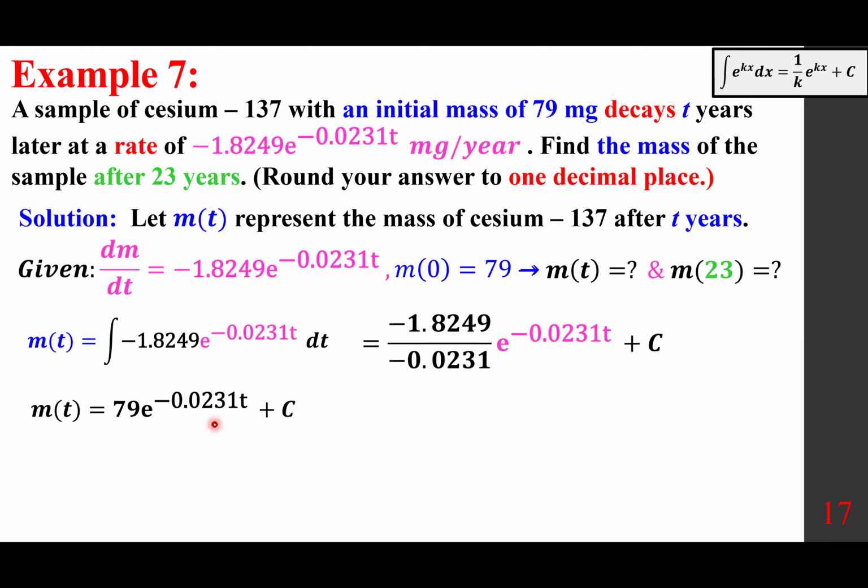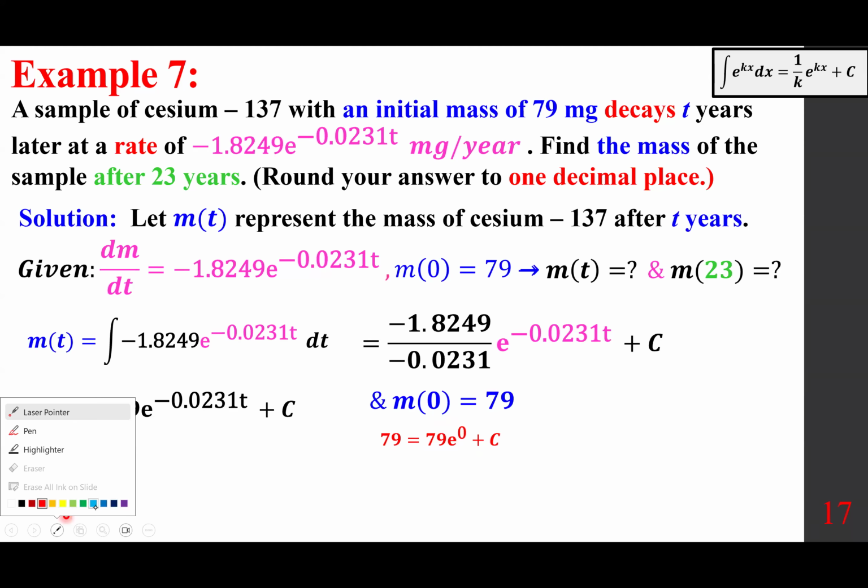However, just like the initial value problem, as it indicates here, an initial mass, you use m of 0 equals 79 to find the constant. So if m of 0 equals 79, that means replace the t here with 0, and this becomes 79. Now, of course, when you do that, e to the power of 0 is 1.